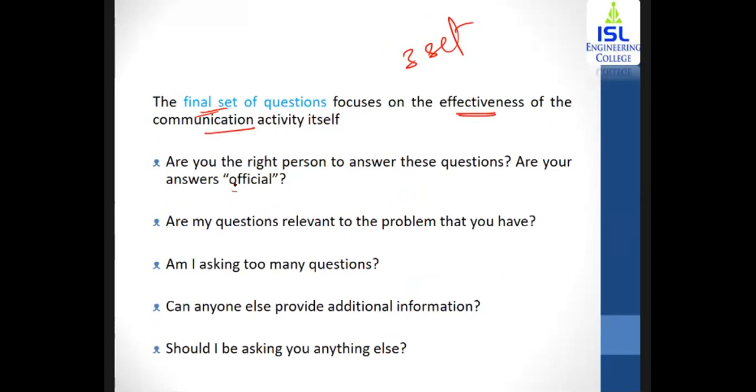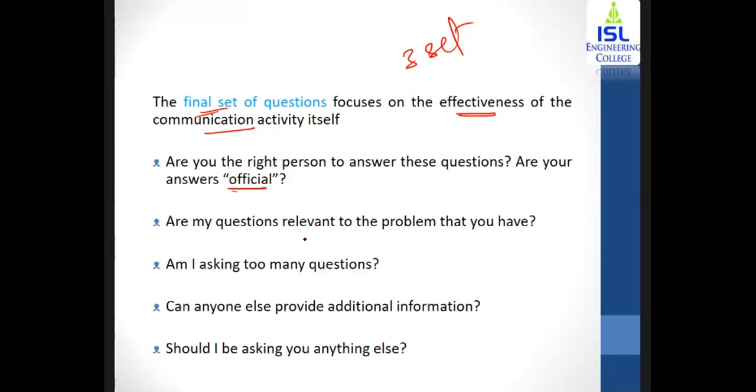Are your answers official? That is, whether he is giving you the final answers, or he is going to refer to someone and then come and tell you the official answers. So you're going to identify whether you can lock the requirements here or not. If he is not the official person, then you might approach the official person to get the final cut on the requirements.